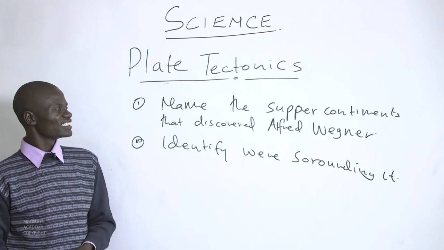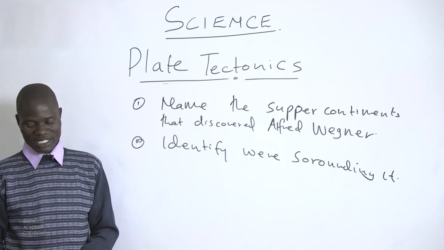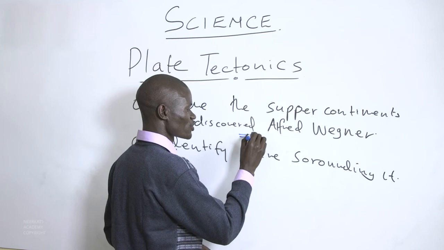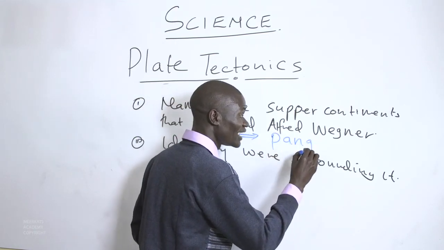Which is this continent that is discovered by Alfred Wegener? Simply, Alfred Wegener discovered one supercontinent that was referred to as Pangaea.